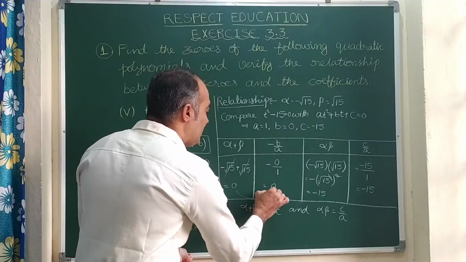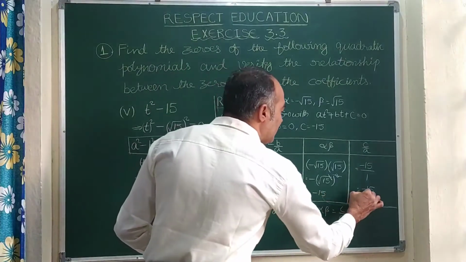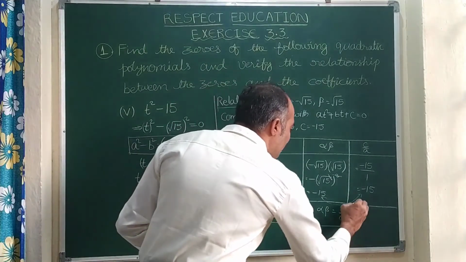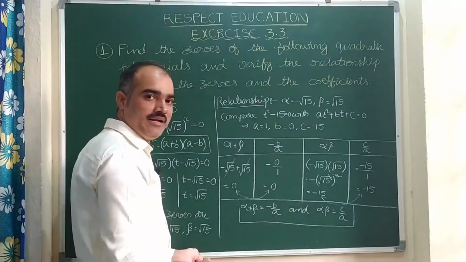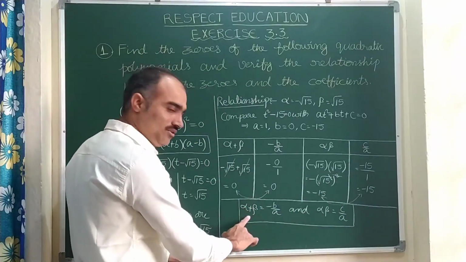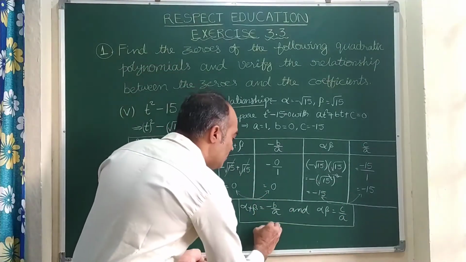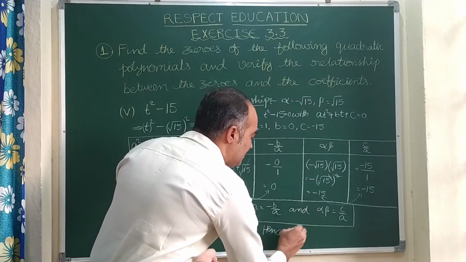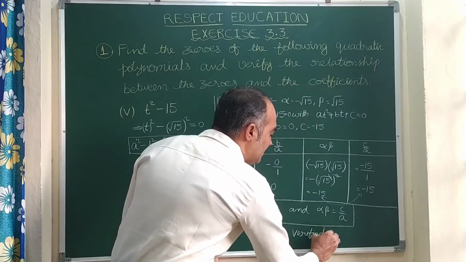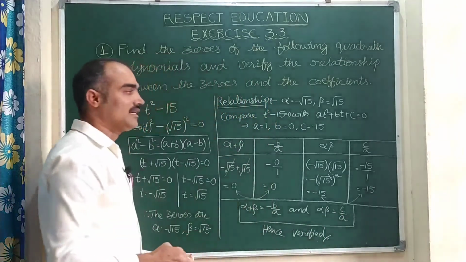So finally we get alpha plus beta equal to minus b by a, and alpha into beta equal to c by a. This is the relation between zeros and coefficients. So the relationship is hence verified.